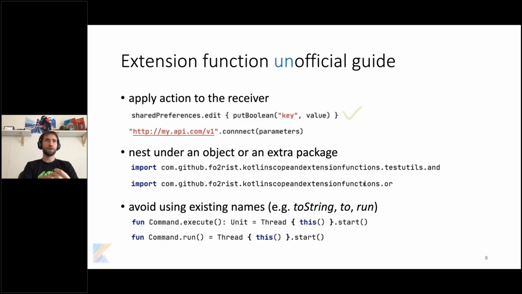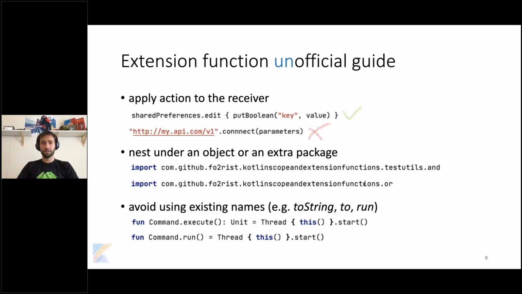And don't try to use the receiver of the extension function as a parameter. One of the bad examples I found in our code looked like string.connect hash map, which didn't really make sense until you substitute the parameter string and then you realize this is a URL that should have been a parameter, not a receiver of the extension function.